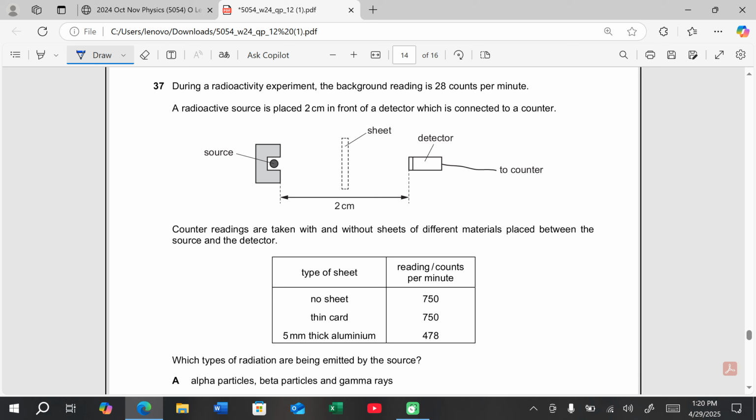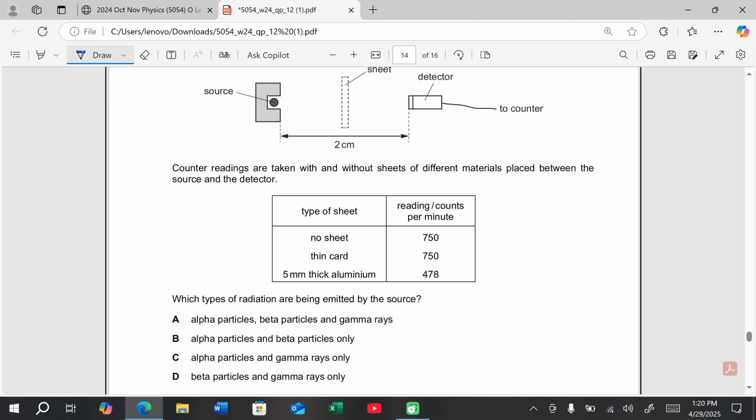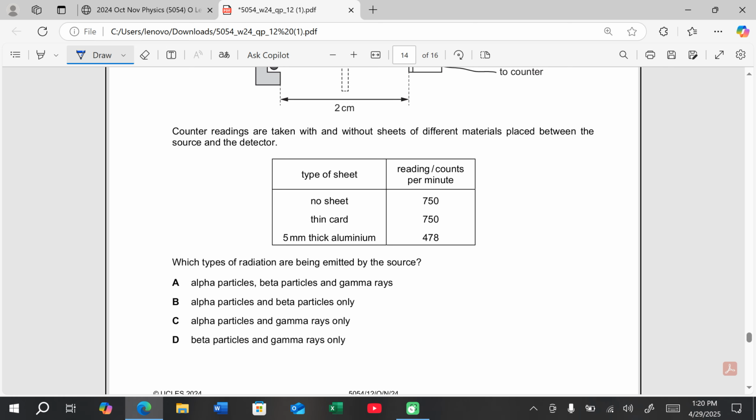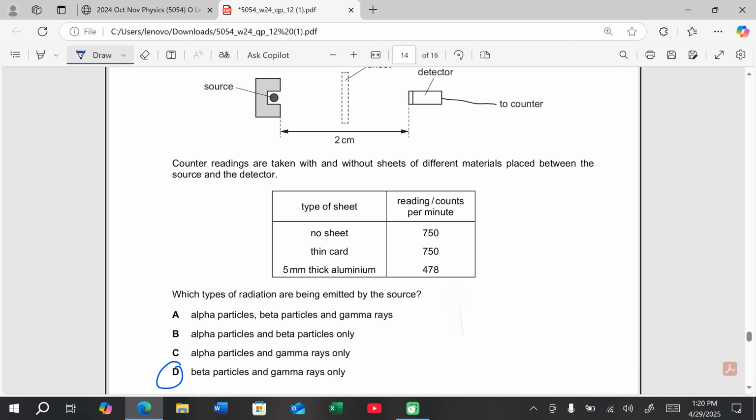It means that alpha is not present here. When he put 5 millimeter of thick aluminium, it gets 478, right? So it means it blocks some of the radiation, which is beta. The rest passing through is gamma and background radiation. So it should have beta and gamma radiation.